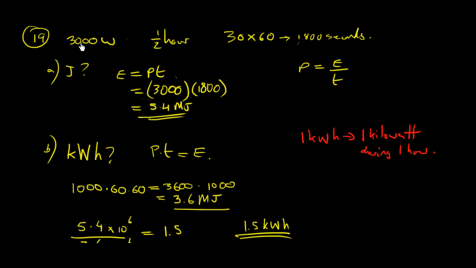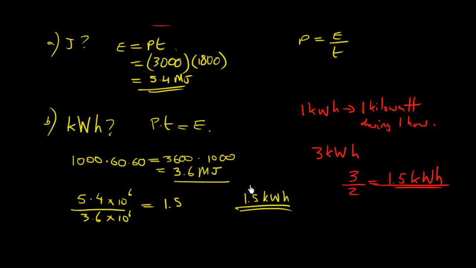And so if this has got 3 kilowatts, 3000 watts, that would be using an energy of 3 kilowatt hours, if it was on for 1 hour, but it's not on for 1 hour, it's on for half an hour. So actually 3 divided by 2 is 1.5 kilowatt hours, and we get the same answer as we got here in a different way. Hopefully both arguments make sense.